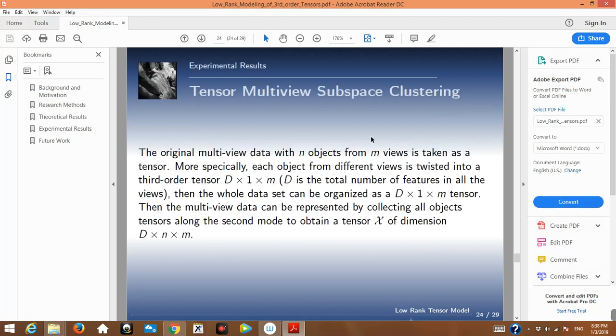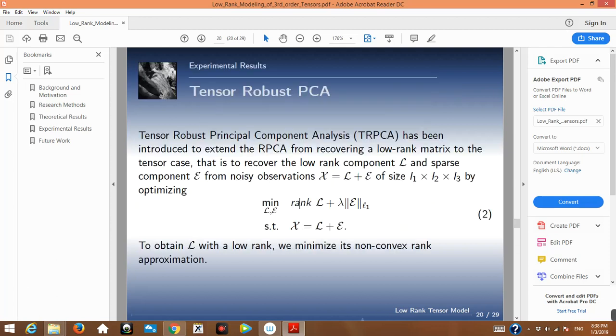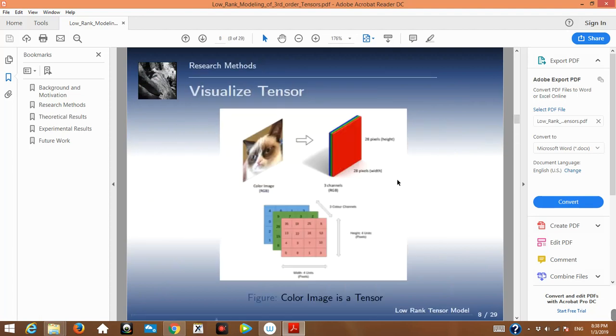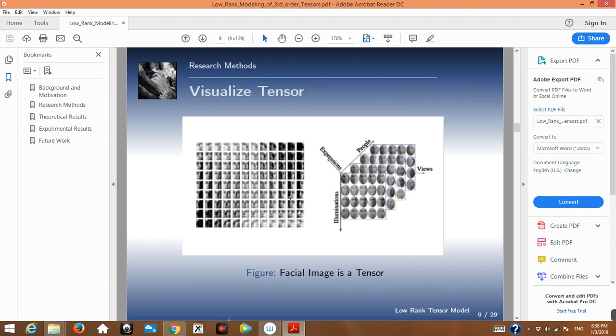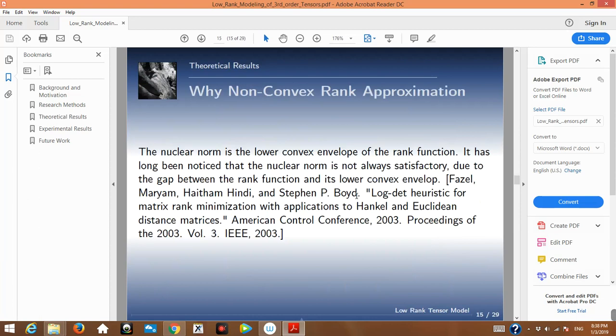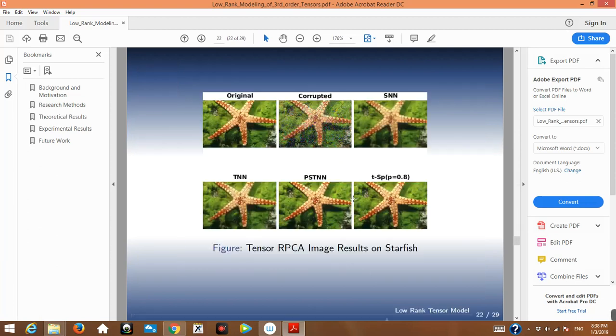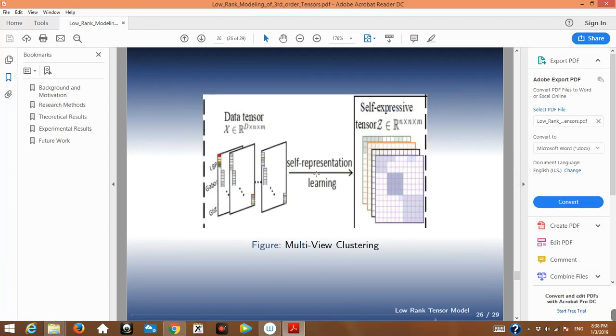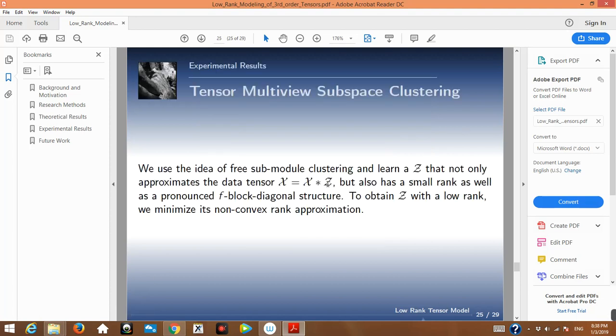So in multi-view clustering, we can store those images into a tensor. You can see here, we can store those facial images in a tensor. And then we can do the self-representation learning to find a self-representation tensor Z which satisfies X equal to XZ.